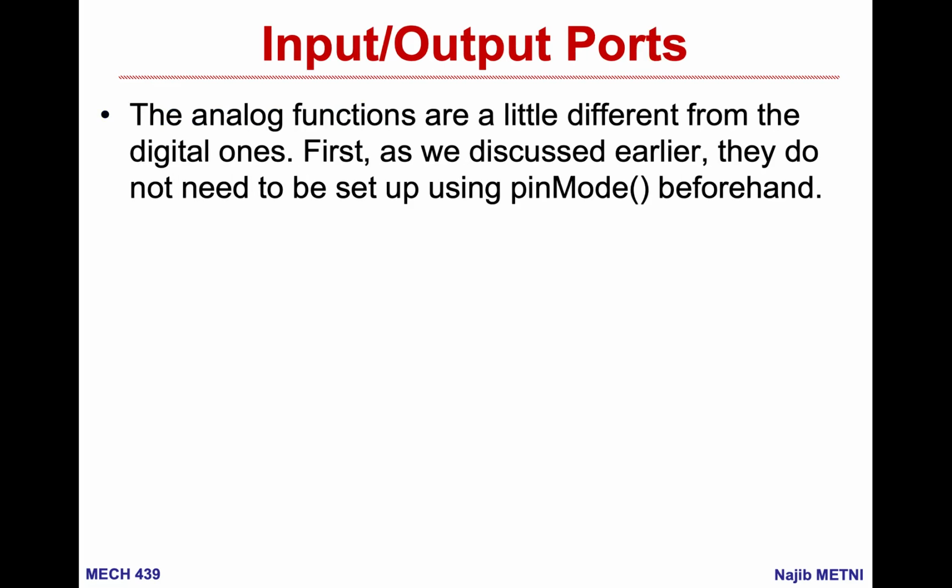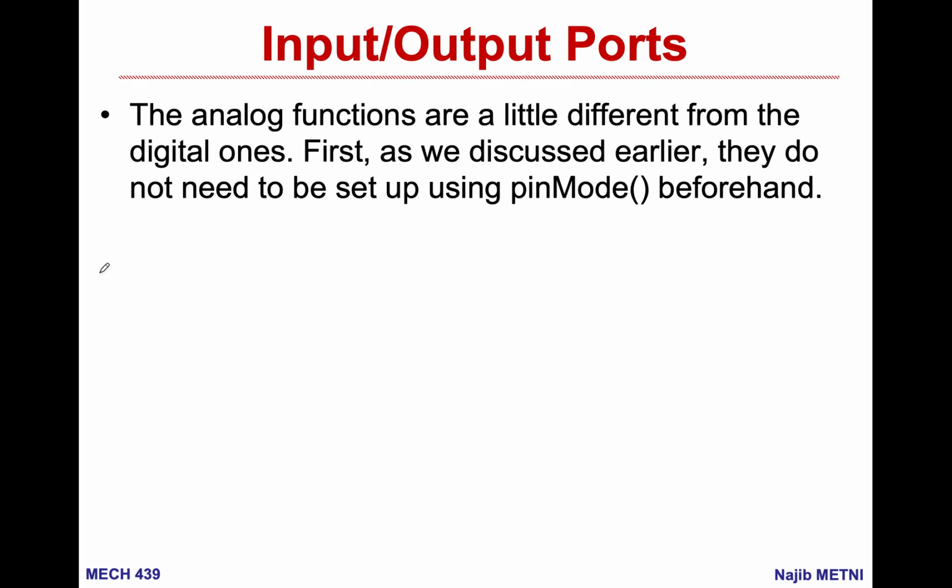In fact, what we have is an analog to digital converter inside the microcontroller, and inside the Arduino we have a 10-bit analog to digital converter. So K equals 10, with V max equal to 5 volt and V min equal to 0 volt.